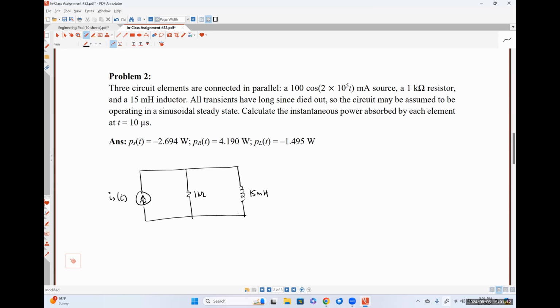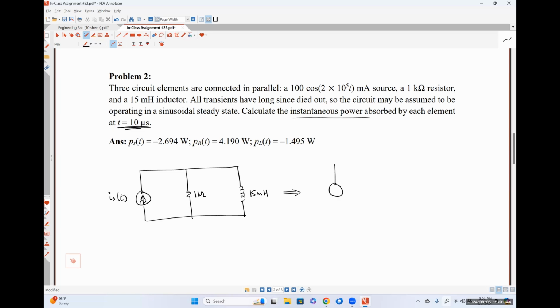And we are asked to calculate the instantaneous power absorbed by each of these elements at a particular time. So going back to what I said a moment ago, all of our circuit analysis that we need to apply in order to determine the things that go into our equations is going to happen in the frequency domain. So I want to convert this circuit into the frequency domain first, okay?